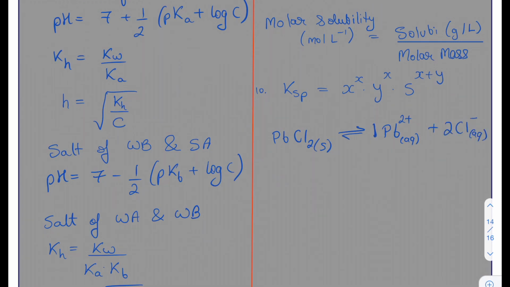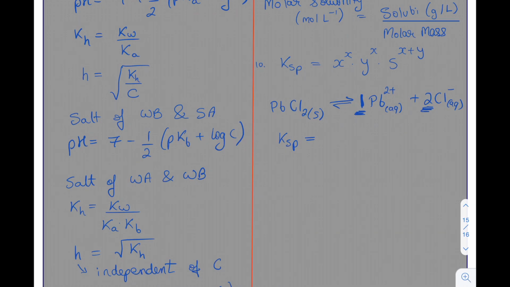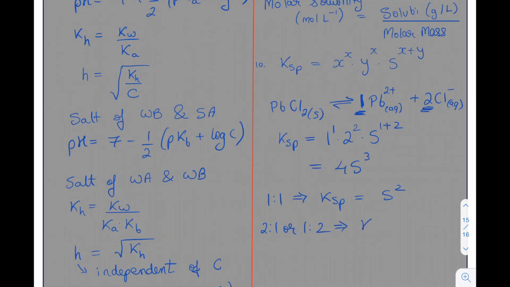Just so that you remember, this 1 is your x, and this 2 is your y, so you will write Ksp equal to 1 raised to 1, 2 raised to 2 into s raised to 1 plus 2, which is equal to 4s cube. So if we take a 1:1 salt, Ksp will end up as s square, and if you are taking 2:1 or 1:2, Ksp will end up as 4s cube.